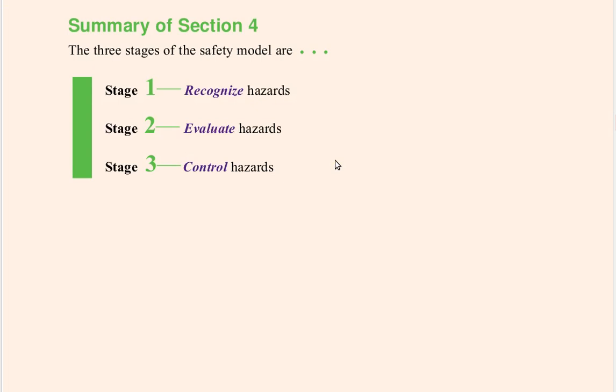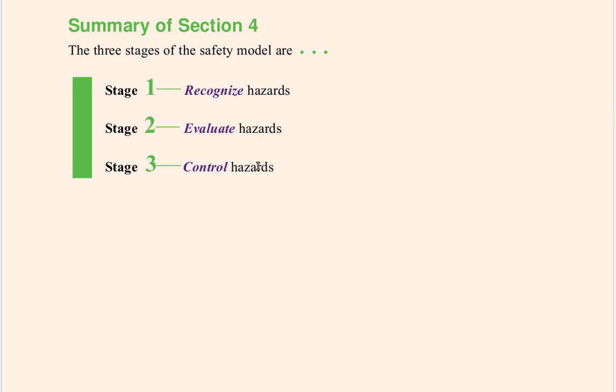Summary of Section 4. The 3 stages of a safety model are: Stage 1, you recognize the hazards. That means you look for dangerous situations and objects. Stage 2, you evaluate the hazards. That means you consider what could go wrong while you're working. And stage 3, you control the hazards.